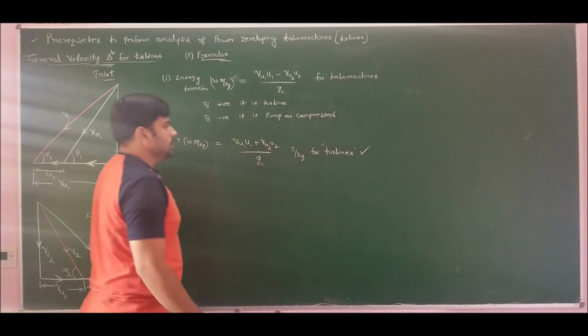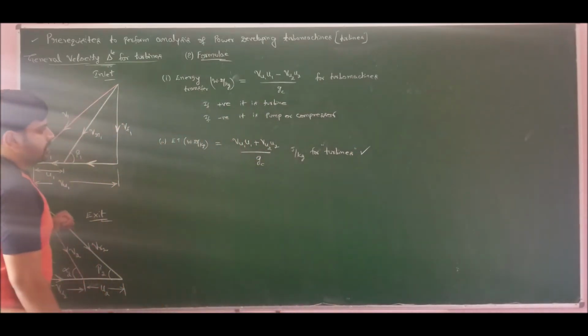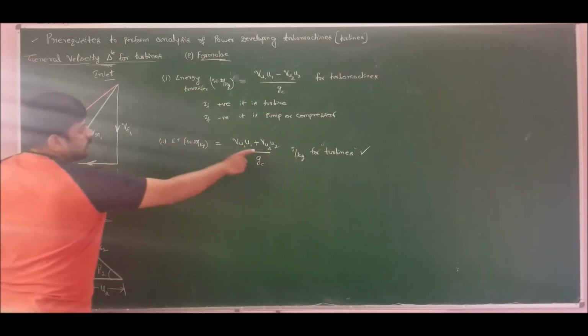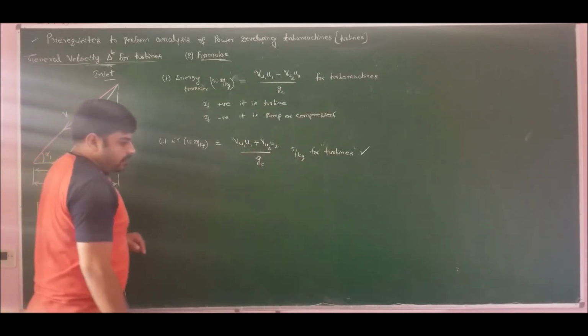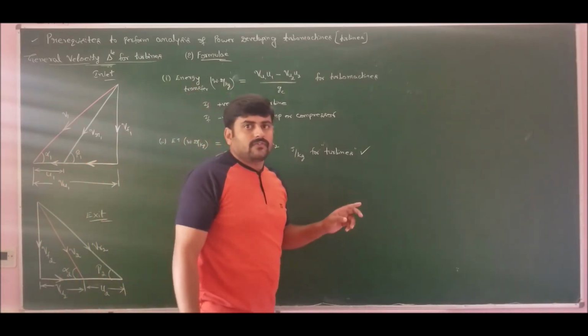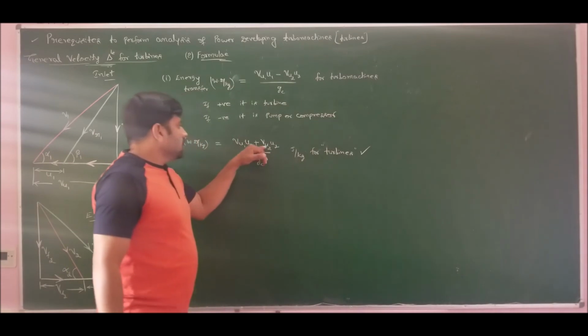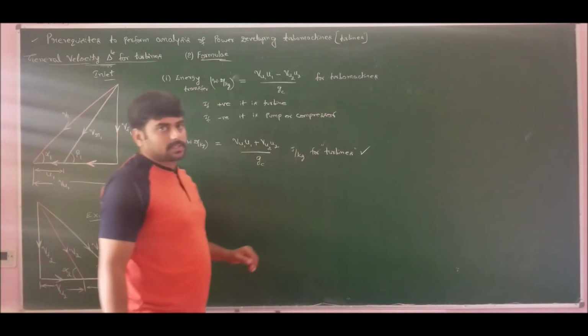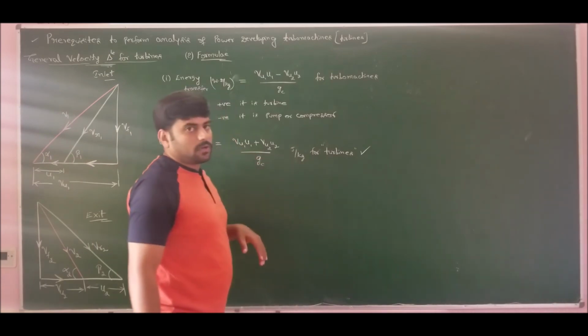So this is what we will be using. This is because, if you observe, Vu1 is moving from right to left, whereas Vu2 is moving from left to right. Since both are in opposite directions, it will become plus. I should take the vector difference. If both are moving in the same direction, that will become a difference. Since Vu2 is moving in the opposite direction, minus of minus will become plus. So for turbines, you should use this formula.